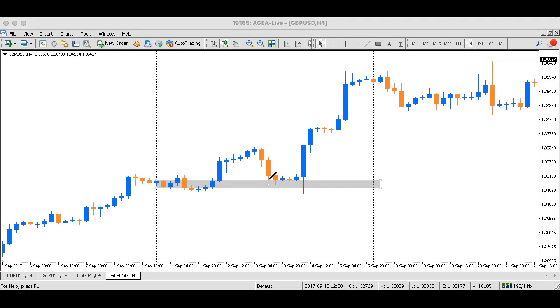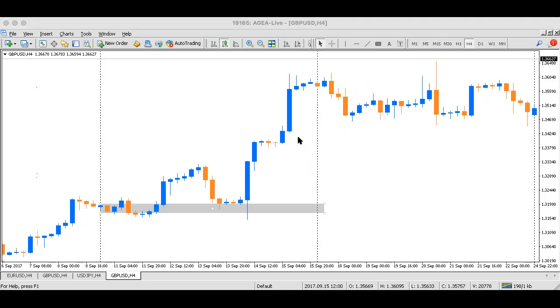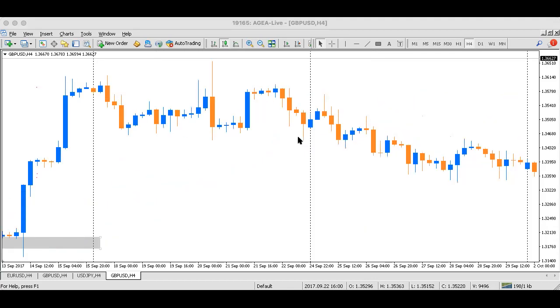I understand drawing the zone, breakout, and retest of the zone. The previous week's setup was much clearer or easier to catch than this one. Yes, exactly. So let's go to the following week.